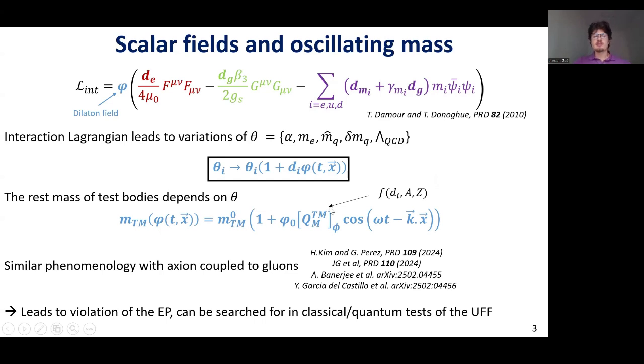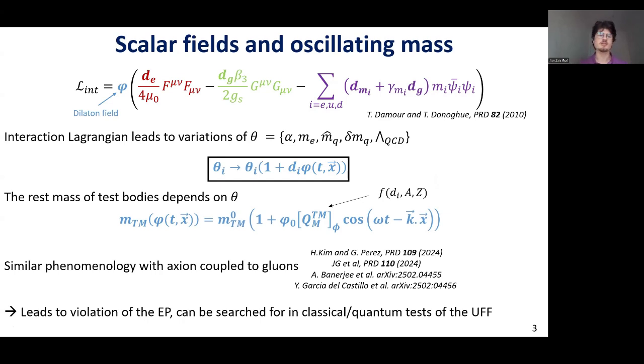Here I added specifically a parameter Q, which tells you how the rest mass depends on the scalar field phi. This parameter depends on the several coupling constants, but it also depends on the mass number and the charge number of the element under consideration, which means that, as I will show you a bit later, it leads to a violation of the equivalence principle.